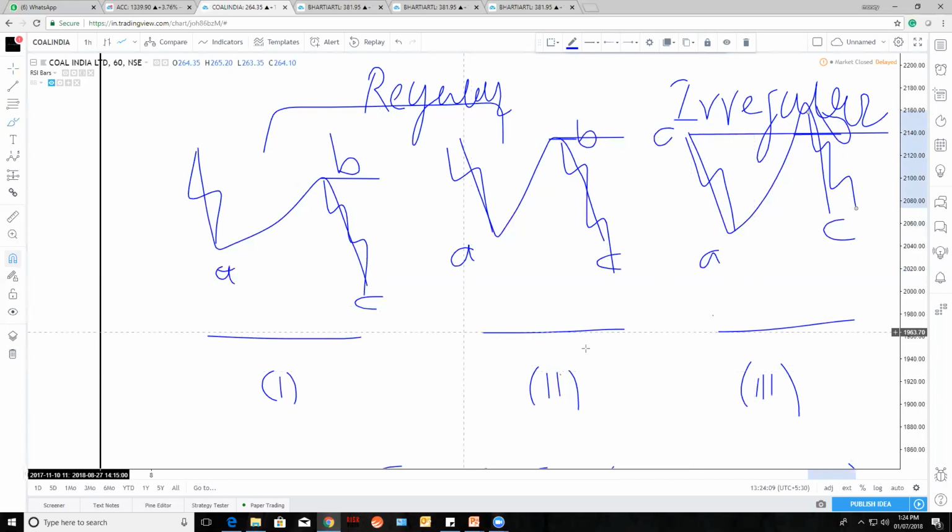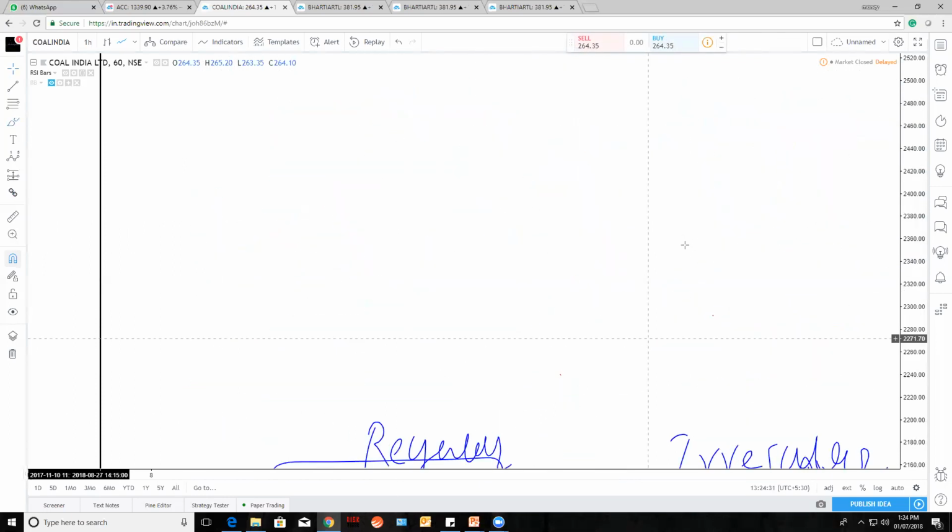Most of the time, C will go up to A. It can go just a little bit past A, or it may stay a little bit away from the end of A. There are three possibilities for the C wave.